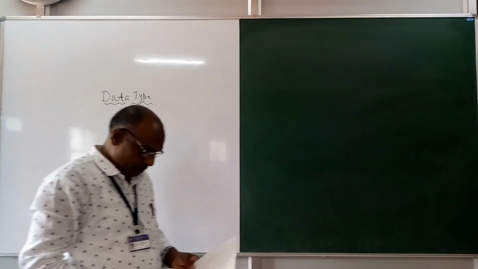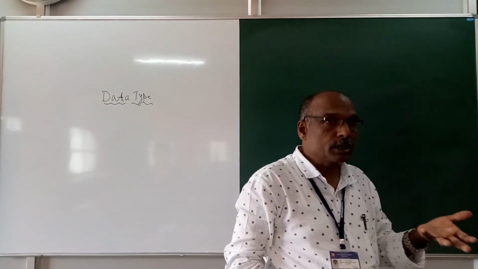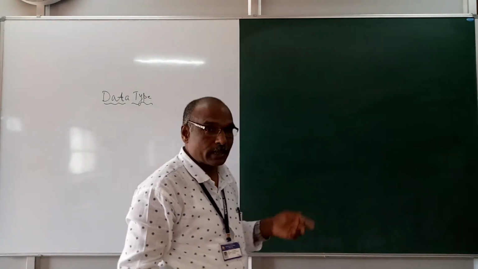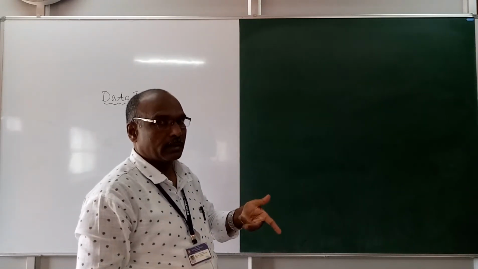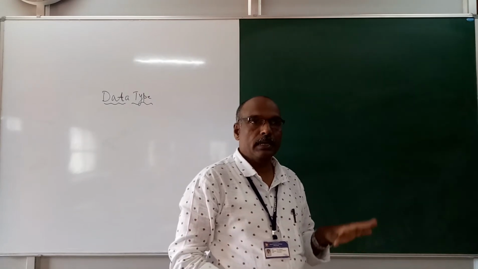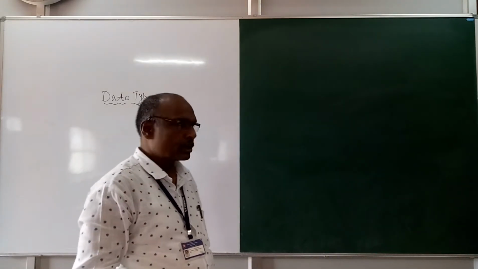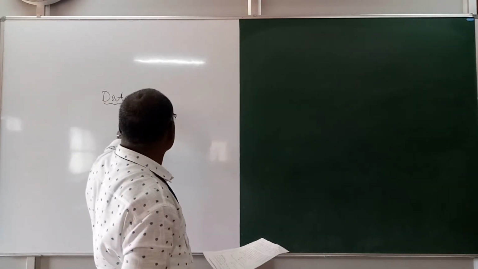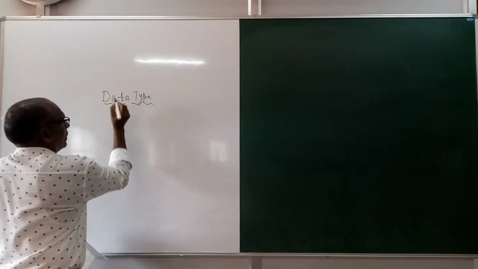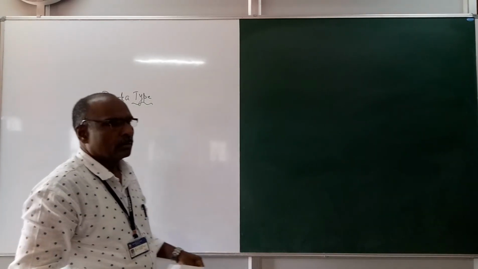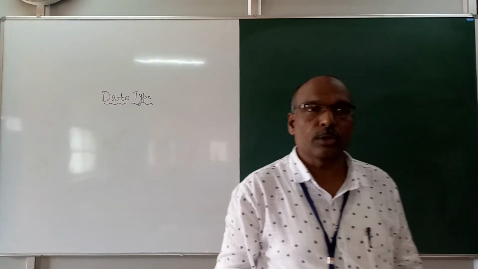Yes, it is a type of data, but it is the usual way to express a data type, not type of data, data type. Normally, in all the computer science programming languages, this is written as data type only.